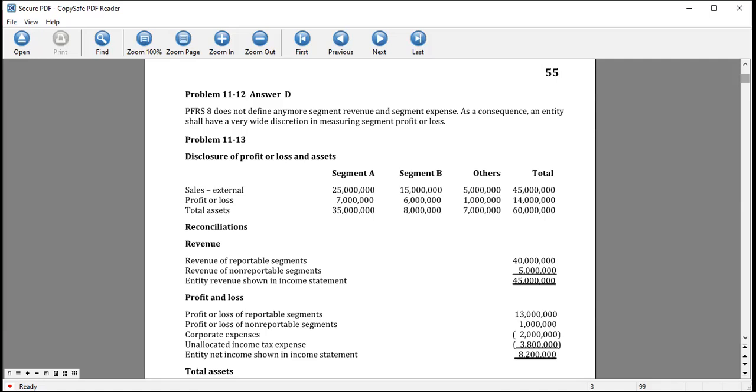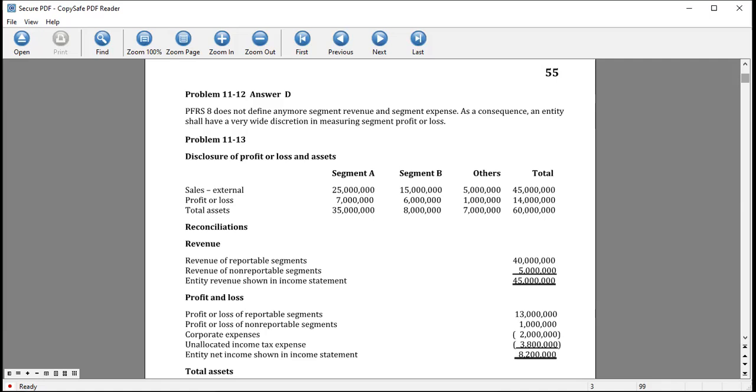The total assets of 65 million include general corporate assets of 5 million. Total segment expenses of 33 million include general corporate expenses of 2 million.